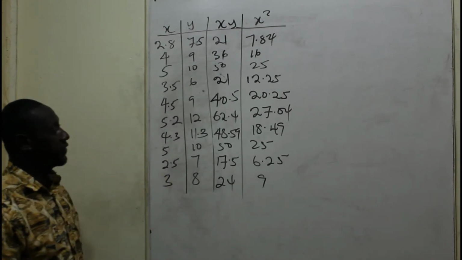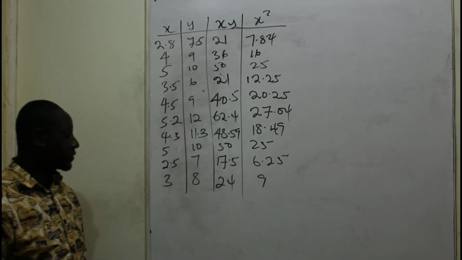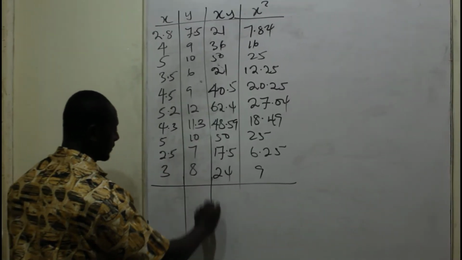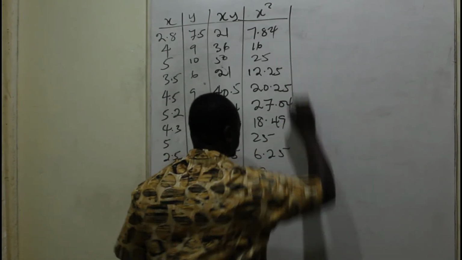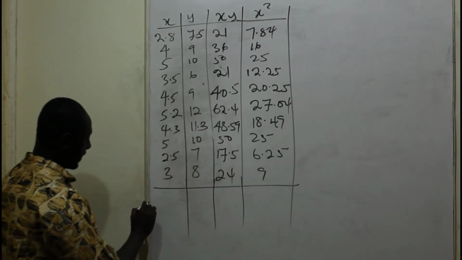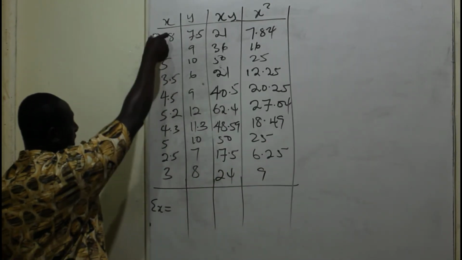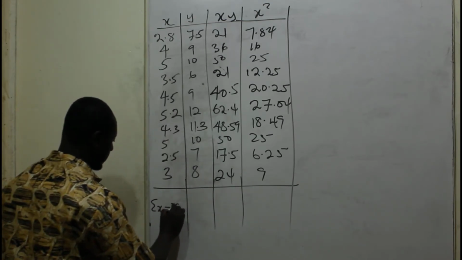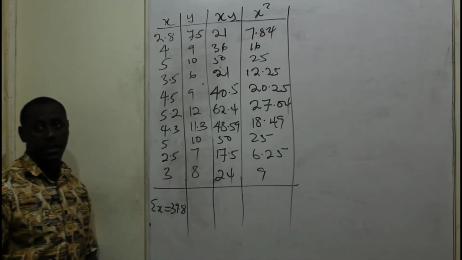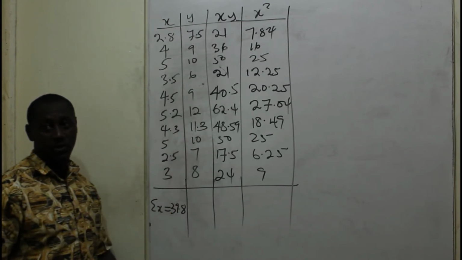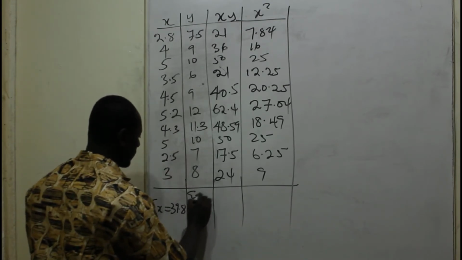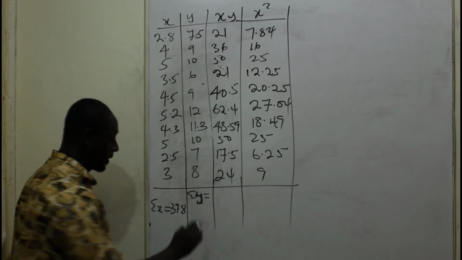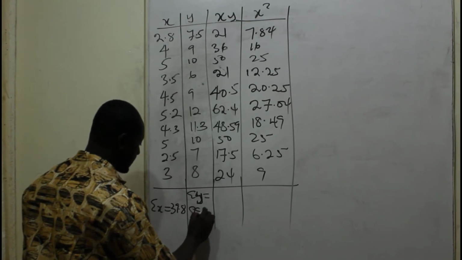So if we have these values there, then what we are going to do is have the summation of x. We add all these values and put it there. The summation of x is equal to 39.8. Then we sum the y's, that is summation of y, and that gives us 89.8.